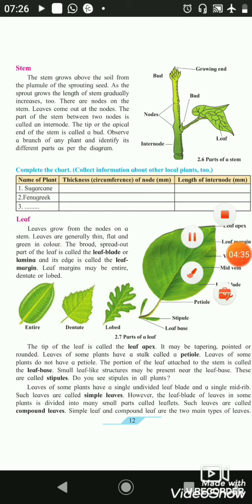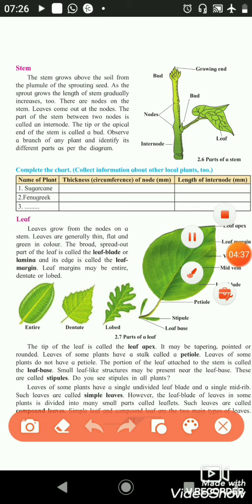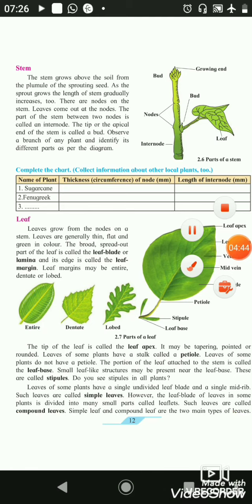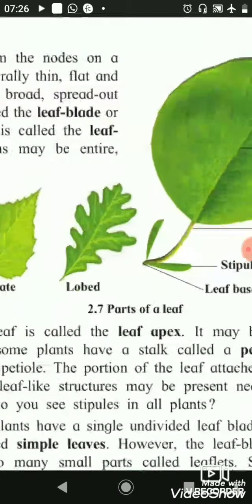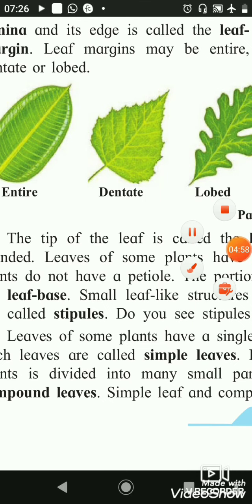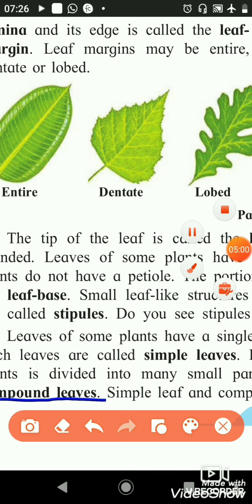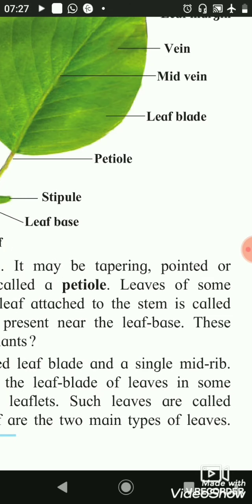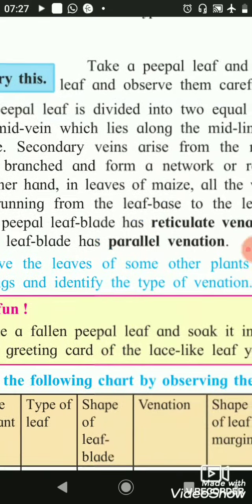Look here, this is an example of simple leaves. Curry leaves and neem leaves are considered to be compound leaves. Look here, compound leaves. Simple leaf and compound leaf are the two types of leaves.